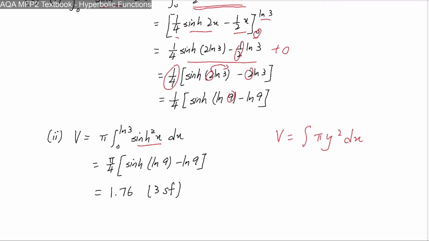We just have to use the previous integral and multiply with a pi. For this one, we just use a calculator to evaluate the value of this integral. We get 1.76, rounded to 3 SF as required in the question.